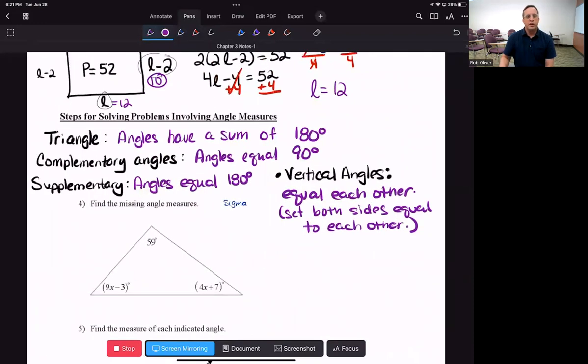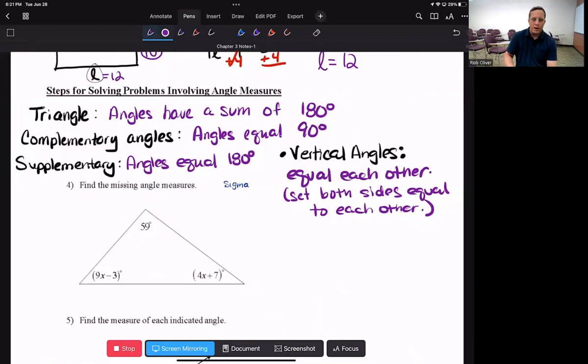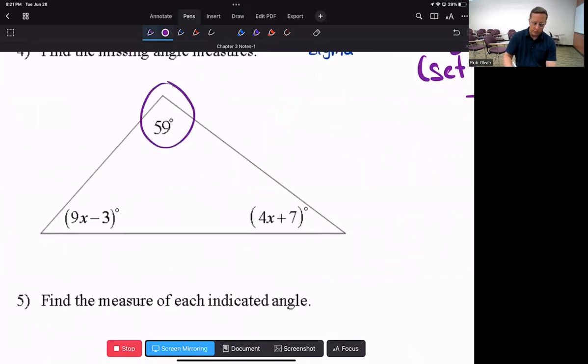All right, I wrote some notes in here as well for steps for solving problems involving angle measures. And now I just wrote down some important things, like, for instance, a triangle. It's good to know that all the angles of a triangle, no matter what kind of triangle it is, the 3 vertices of a triangle make up angles, and those 3 angles will always equal 180.